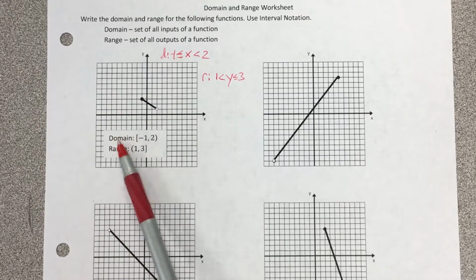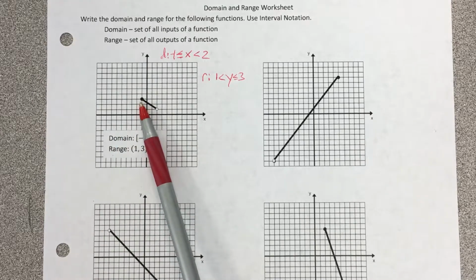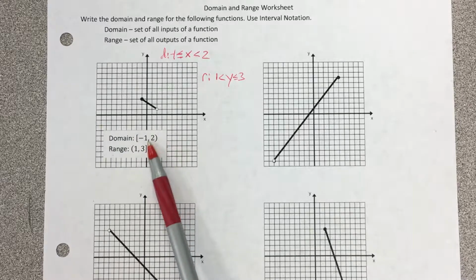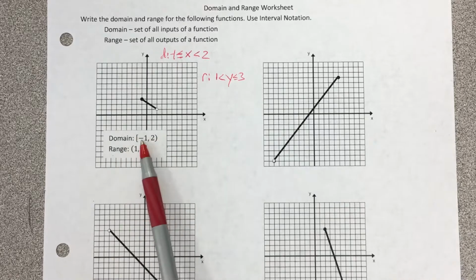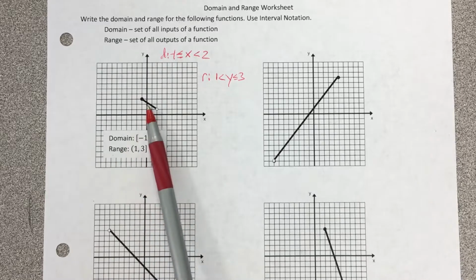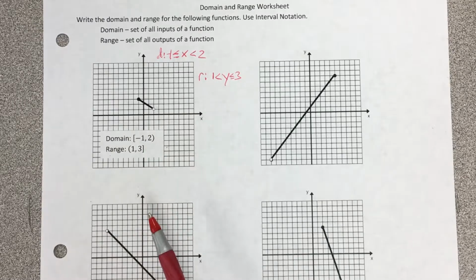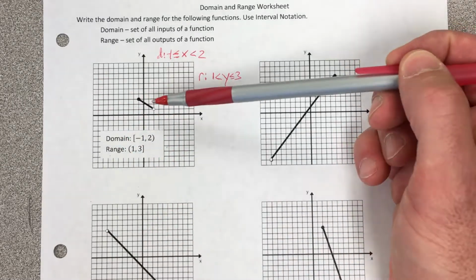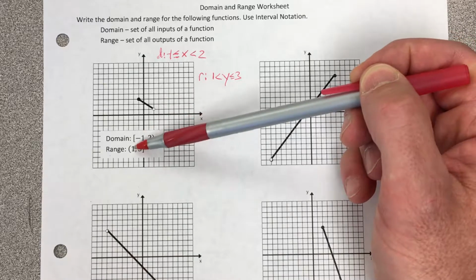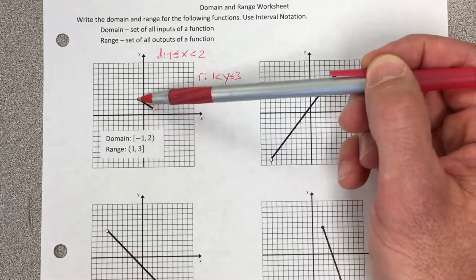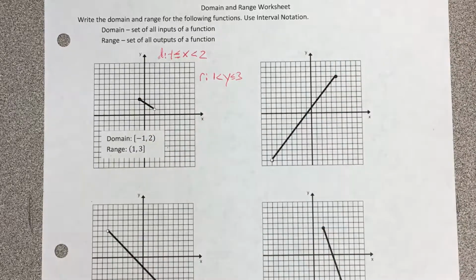For the domain, we use a bracket for the dot, which means you include it, and a parenthesis for the circle, which means you go right up to it, but you don't include it. So it's bracket -1, and then you go up to 2 parenthesis. For your range, you're looking at your y values, and your smallest y value is 1. You don't include it, though, so you put a parenthesis, and it goes up to 3 with a bracket.